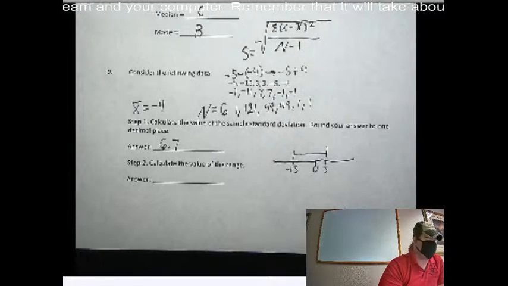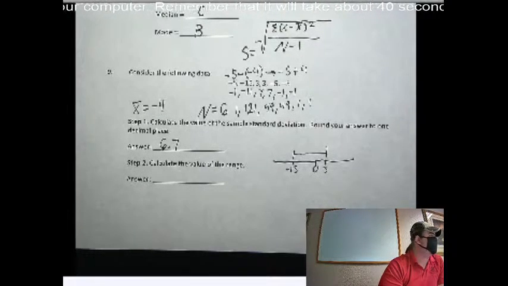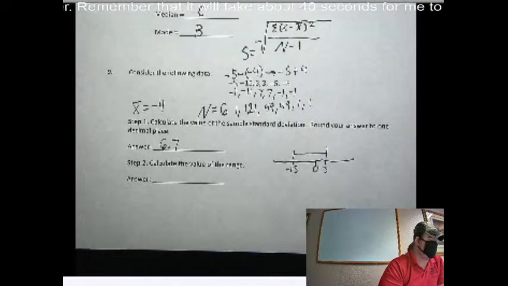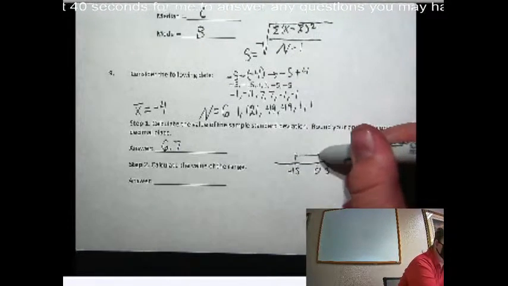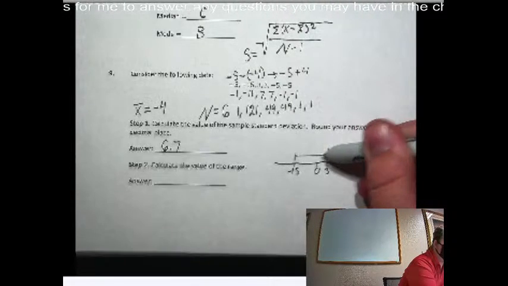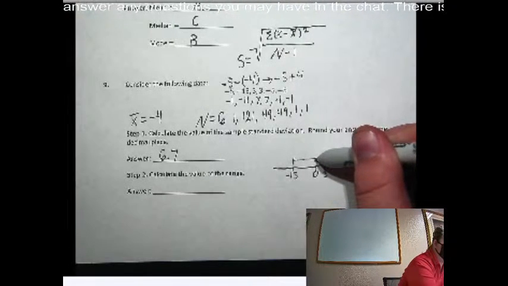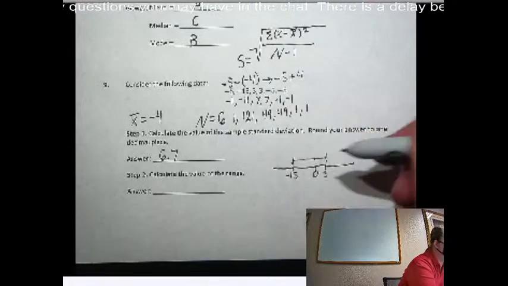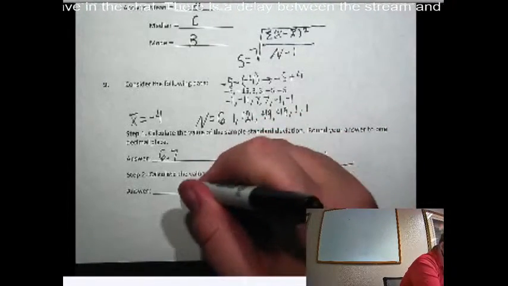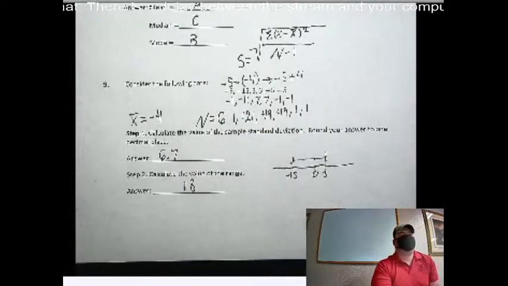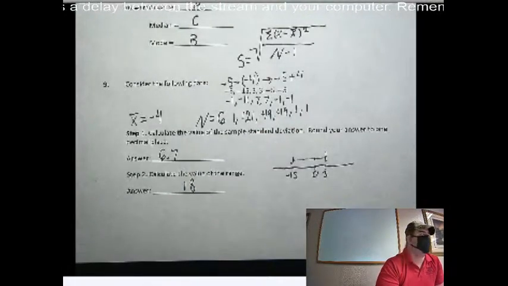So what's the distance from here to here? 3. What's the distance from here to here? 15. So it's 15 plus 3. 18.